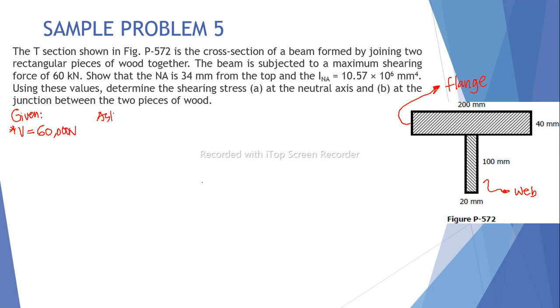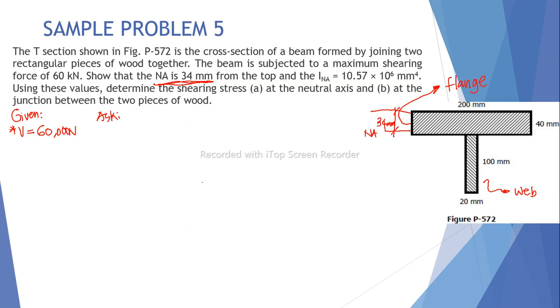What we were asked is to show that the neutral axis is 34 millimeters from the top. So if this is the top, then 34 millimeters is somewhere here. That addresses the neutral axis.